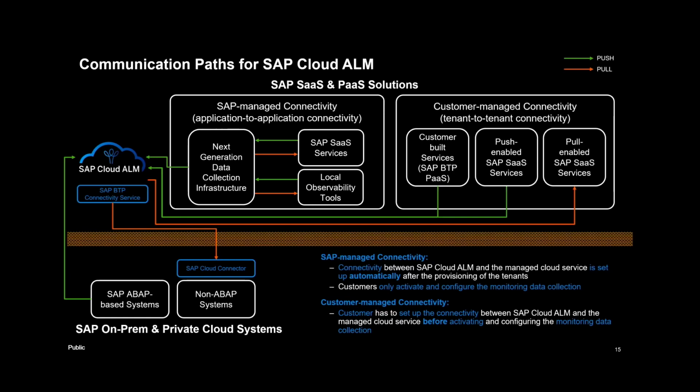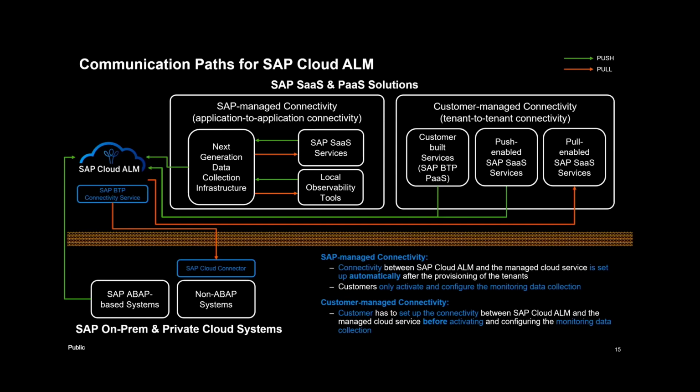The customer-managed connectivity is basically where you have to put a little bit more work in. You maybe have to create an endpoint for the pull-enabled services, or you have to actually perform a push registration. ABAP uses the push registration to create and to register.